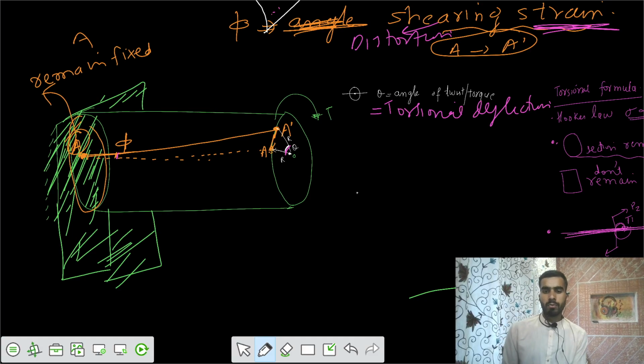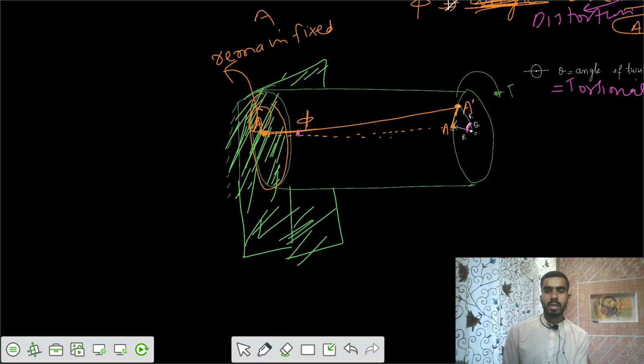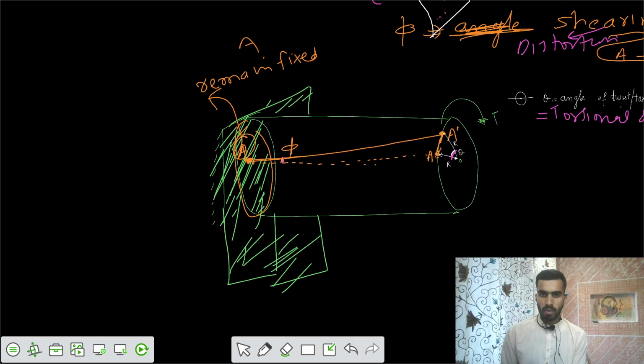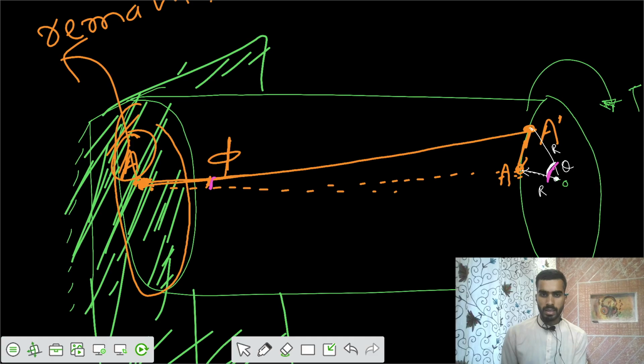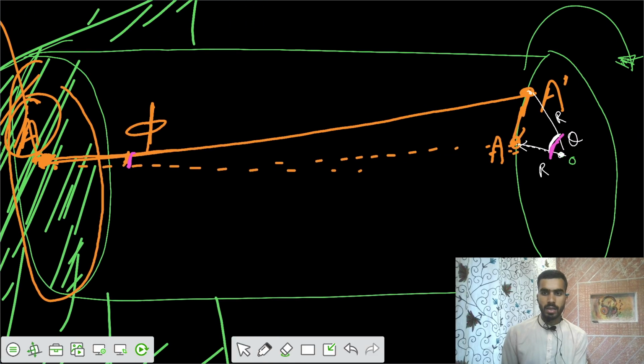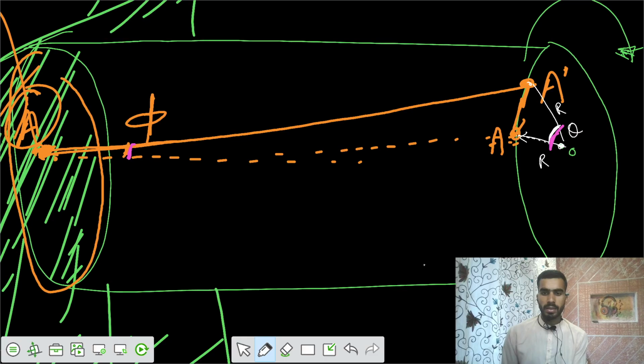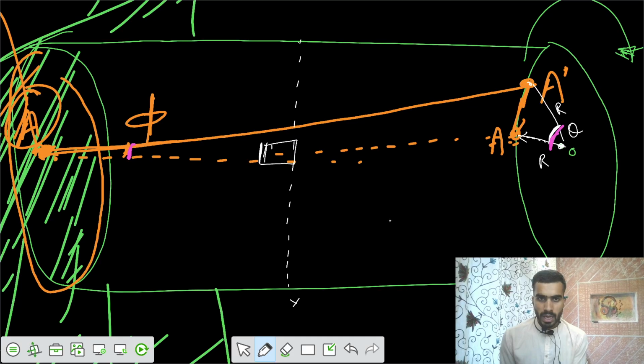Now we want to derive the formula for this one. So now if you analyze this figure, along any x-axis, let's take any cross section. If you take any cross section and any element before the twisting, let's say this was your rectangular element here.